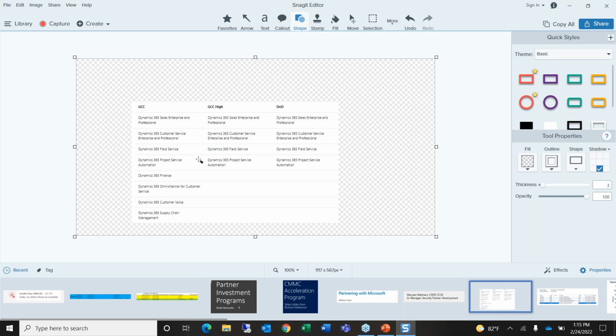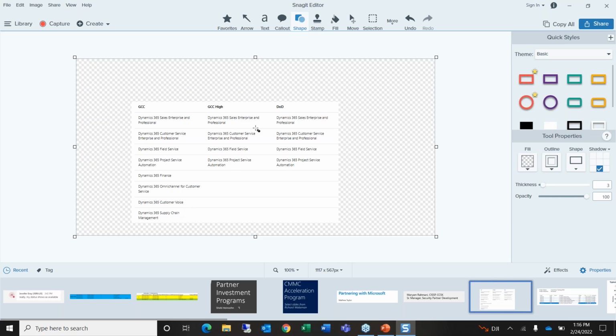This is a slide that I had included in the deck. What this is showing you, and I'm hoping that you can see it, is that under the GCC cloud, Dynamics 365 supply chain is included, it's compliant. In the GCC High, there is customer service, field service, project service, and sales enterprise professional.